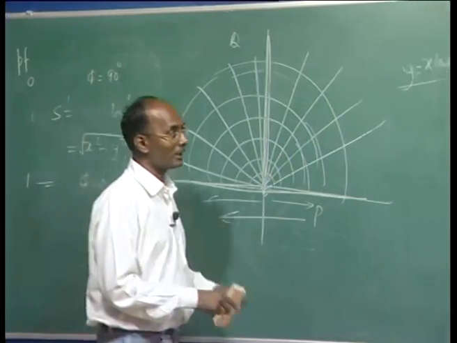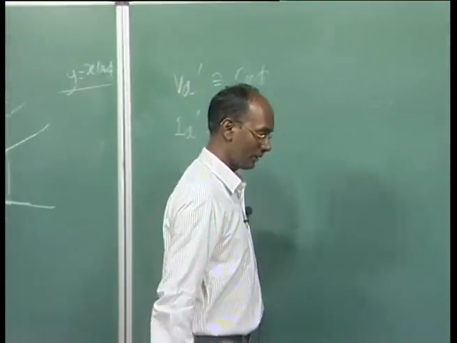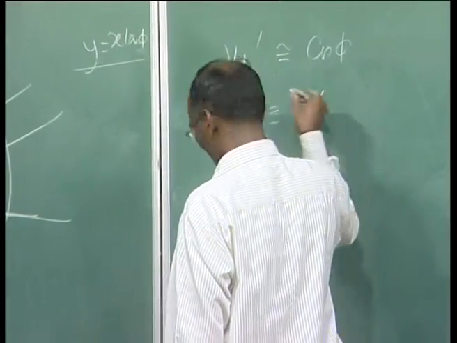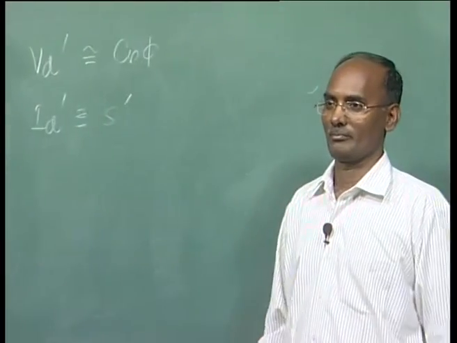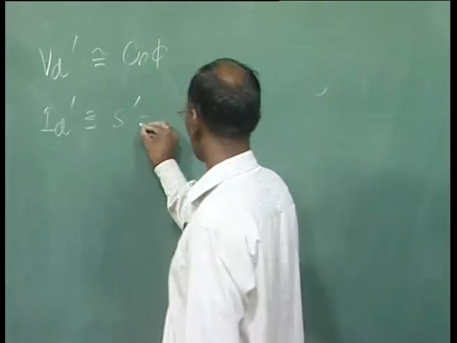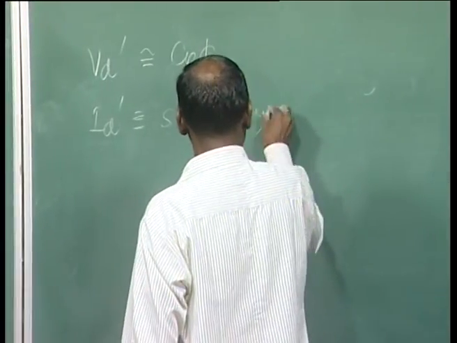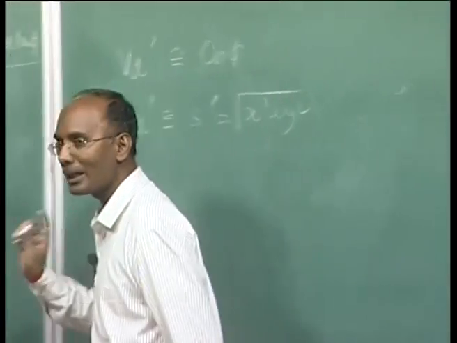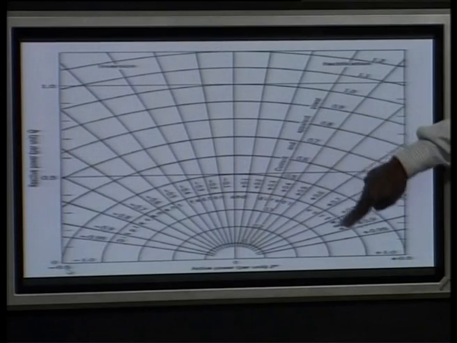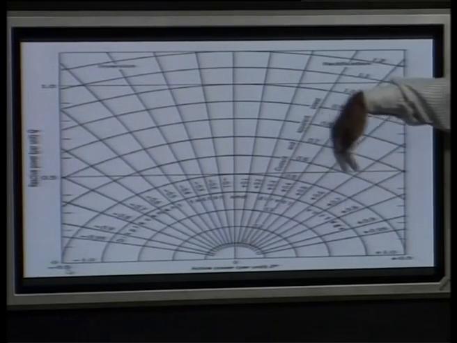Now another quantity here is your ID prime. It is also related to your S, because again we define S from the ID power here, and this is your x square plus y square, which means this is again apparent power. So here it is written current, apparent power, power factor, displacement factor, all this.